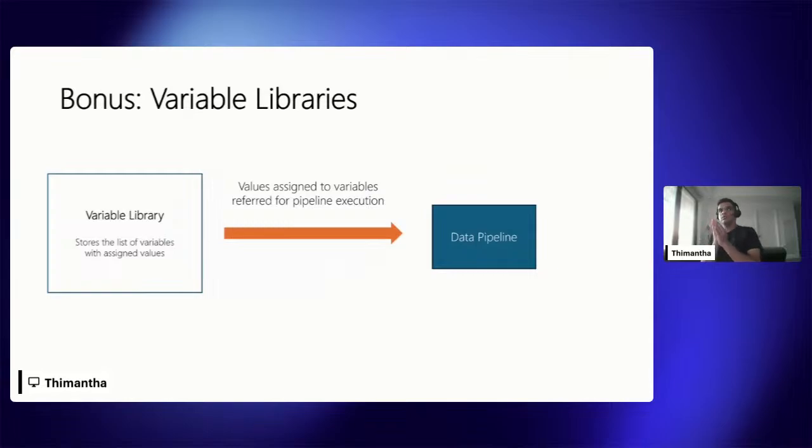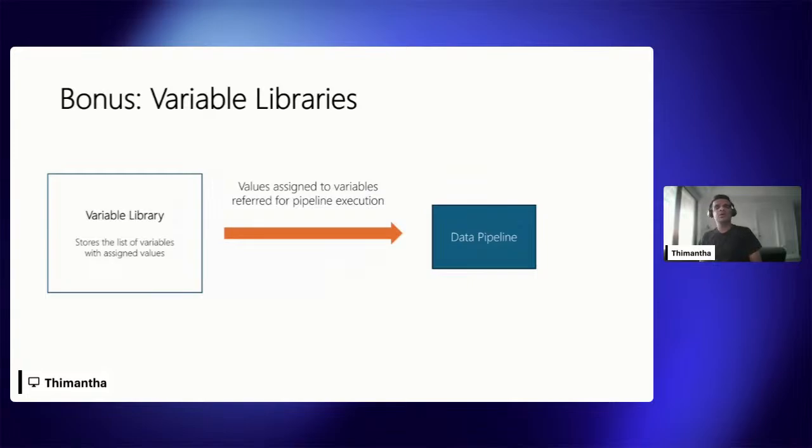It's simply a container, or you can say a component in a Fabric workspace, that would store a list of variables, right? And you can have different value sets for that variable, and you can switch between those value sets as per how you want to execute a pipeline, right?